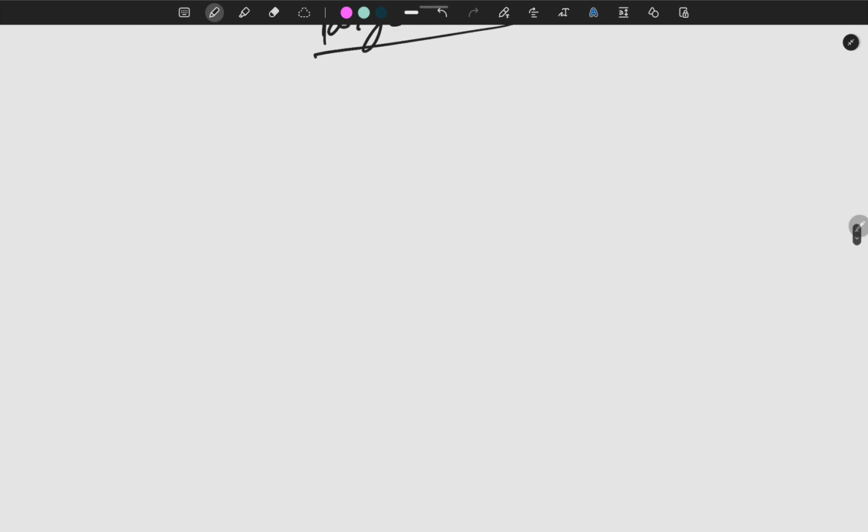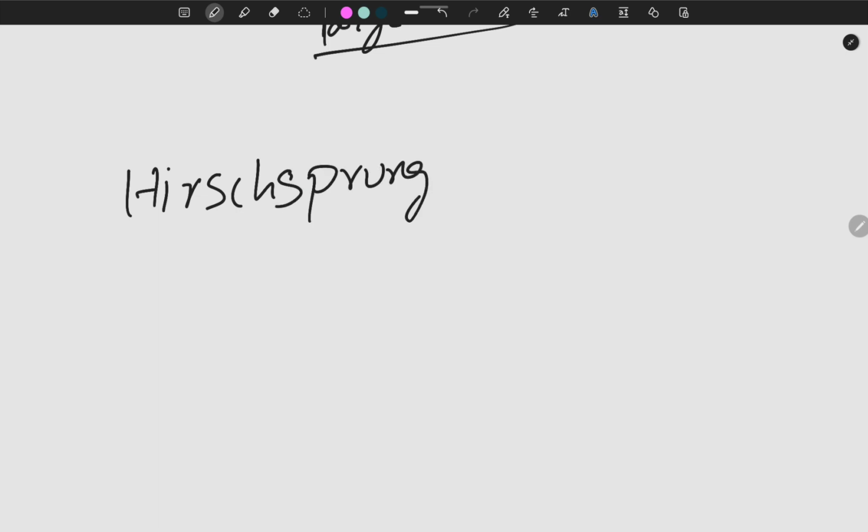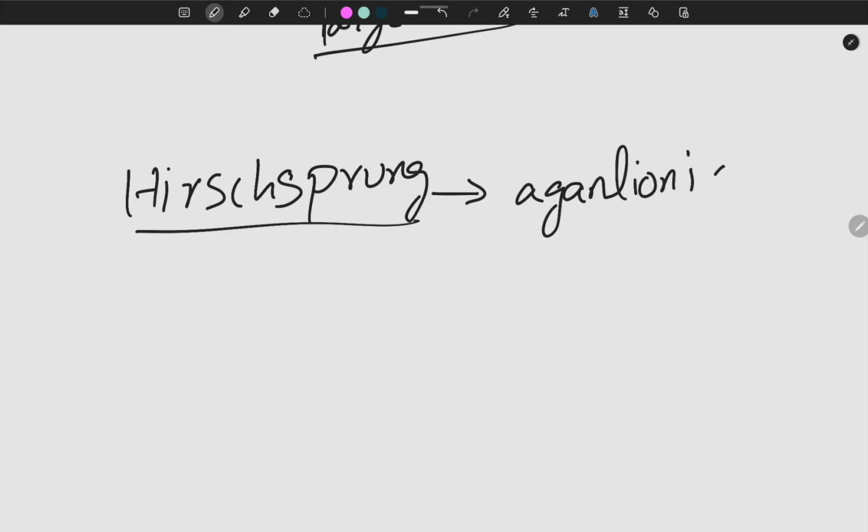The next point is Hirschsprung disease. What is Hirschsprung disease? When the intestine fails in the formation of ganglionic cells. When there is no presence of ganglionic cells in the intestine, it is known as Hirschsprung disease.